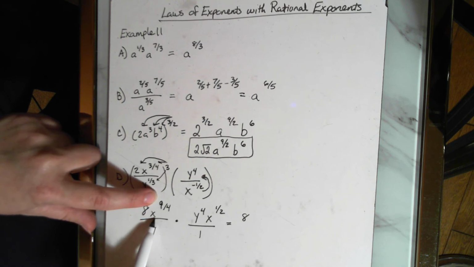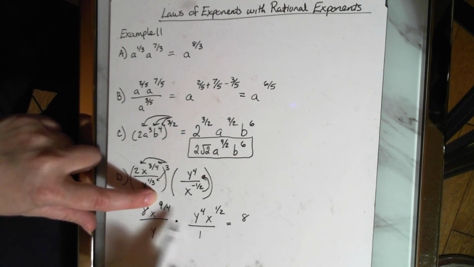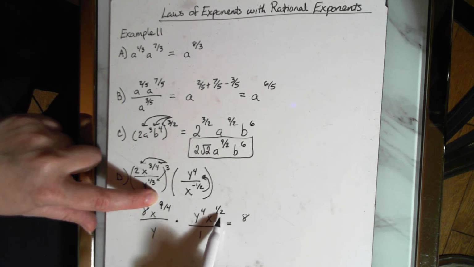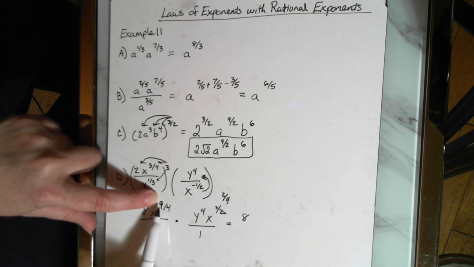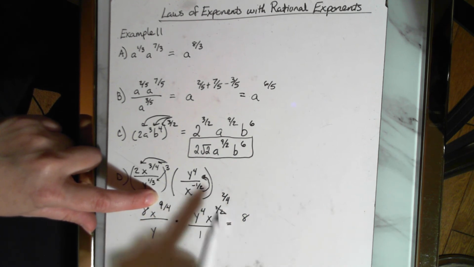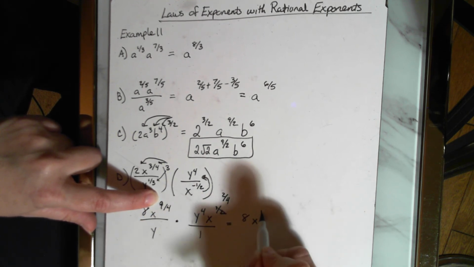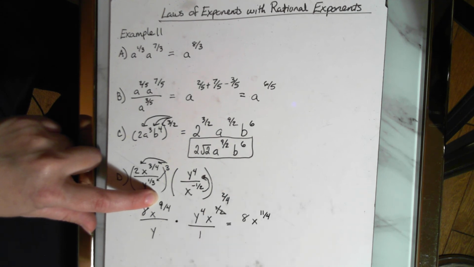X to the 9/4 times x to the 1/2. I have to add those fractions, and I need common denominators. 1/2 is 2/4, so 9 plus 2 is 11. So this is x to the 11/4.